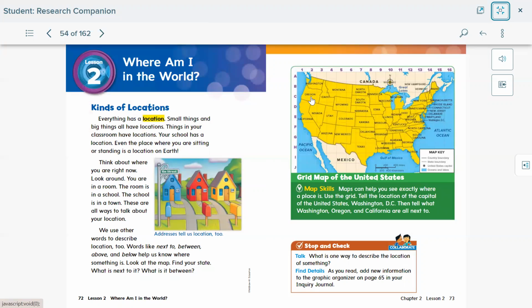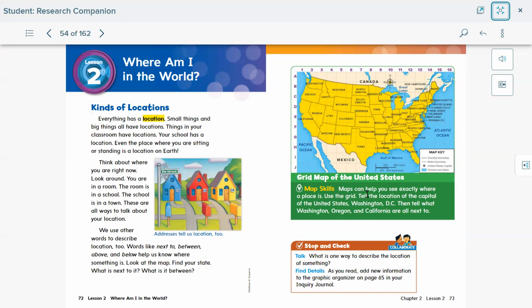Above California, we have Oregon. And then we have Mexico. So these are all places near the state of California, other states or water. All right, great map of the United States.